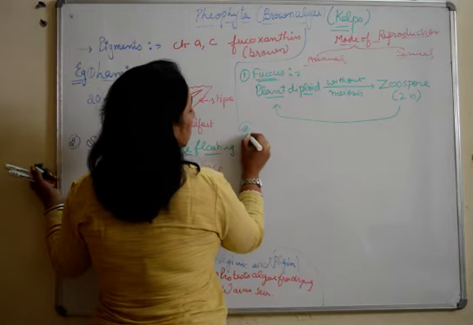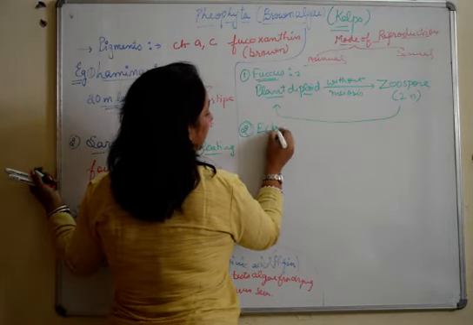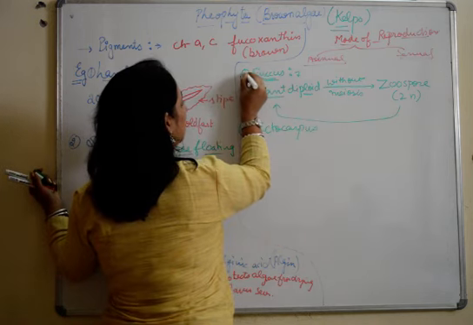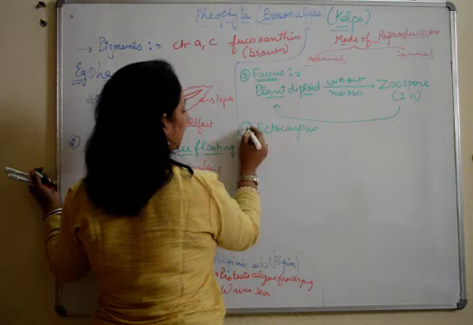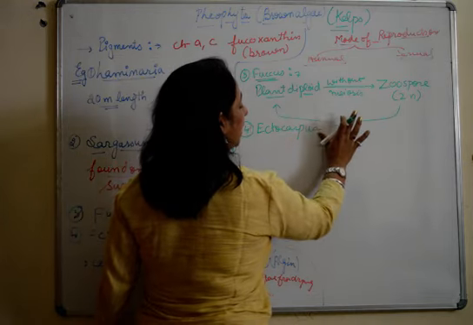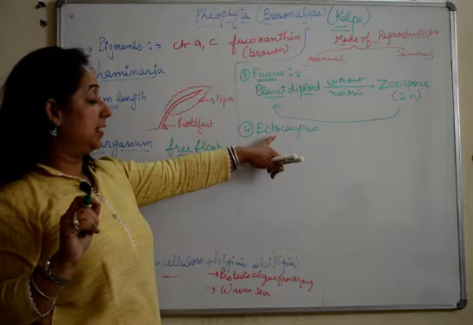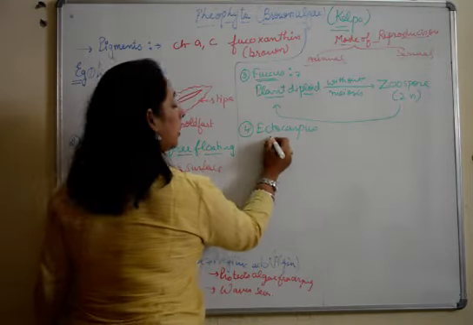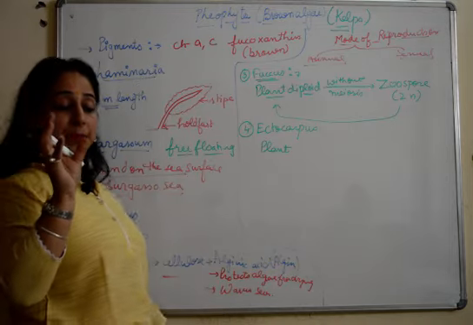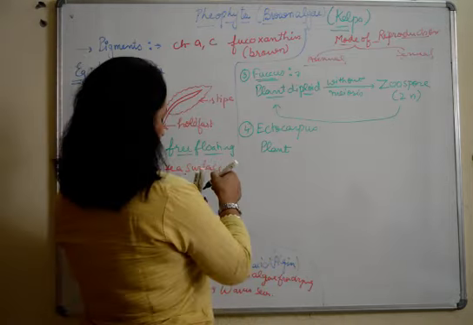If we talk about the next type, that is Ectocarpus, what happens here in Ectocarpus? The Ectocarpus plant is diploid in nature.